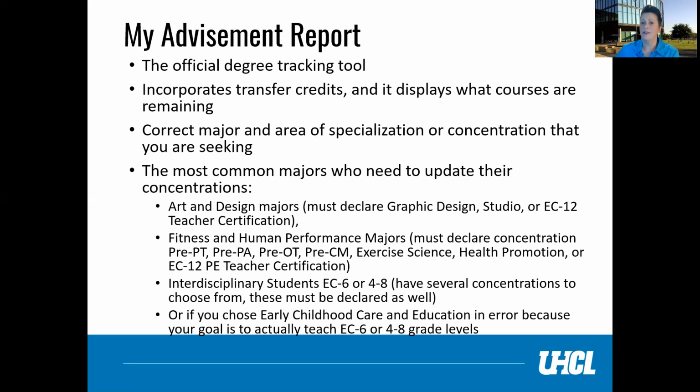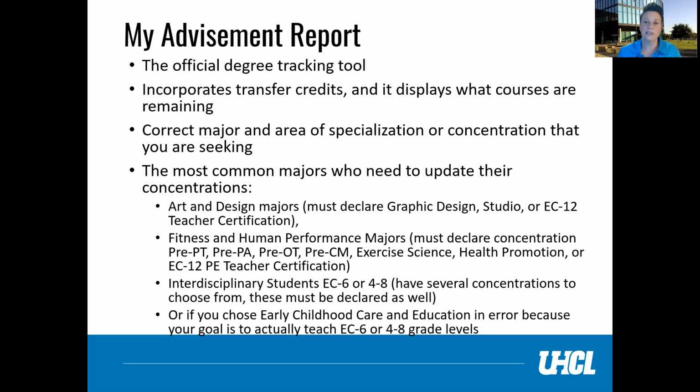Another common error that we see is students who want to be teachers, so they want to be an interdisciplinary studies major for EC through 6, early childhood concentration, but end up choosing this program, which is called Early Childhood Care and Education. This program is actually designed to support students who want to work with children 5 years and younger at a learning center or child development center.